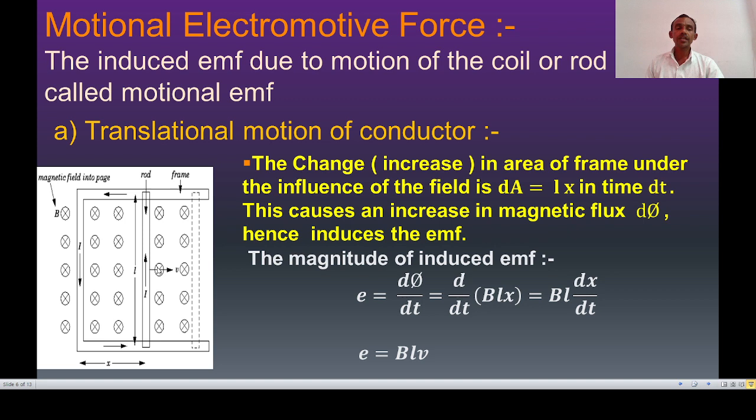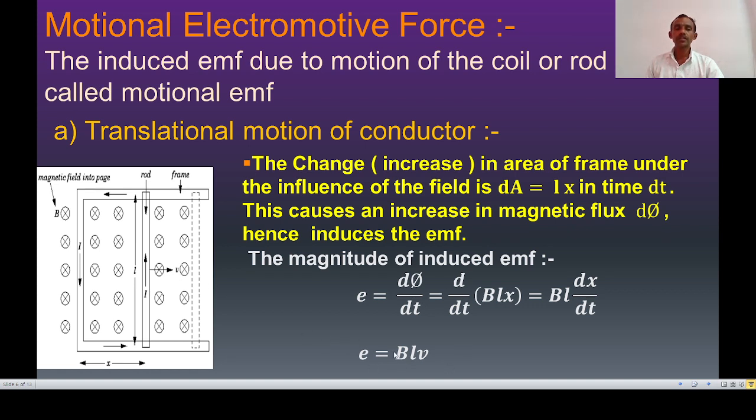This is a particular formula for the motional EMF in translational motion. Particular because here the length of the rod is perpendicular to the velocity, and the magnetic field is also perpendicular to the length of the rod and the velocity vector.